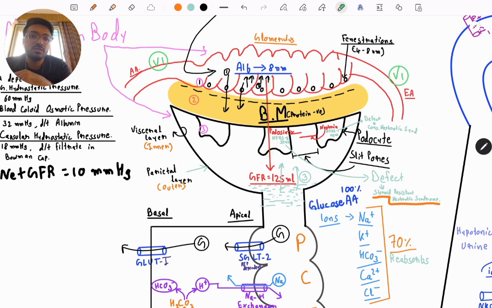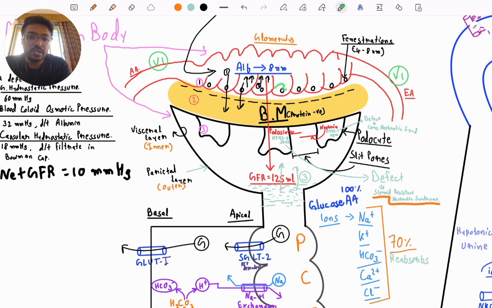But in plasma we also have the most abundant protein, which is called albumin, and albumin is the size of 8 nanometers, but it won't be passed out, it will be sent back to blood, it won't be passed out in urine. Why? Because our basement membrane has a negative charge, and so does our albumin protein, so this negative charge is going to repel it out, hence you won't be having albuminuria in normal conditions.